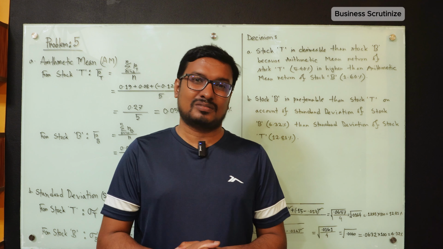Here we have 5 years of data on the return of stock T: 0.19 is the first year return, 0.08 is the second year, in the third year minus 0.12, a negative return, the fourth year minus 0.03, and in the fifth year 0.15. We first input the data from the problem, and that should be divided by 5, the number of years or returns.